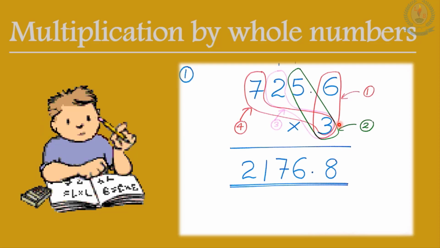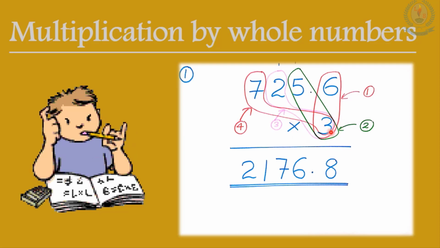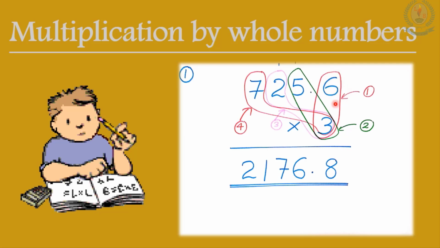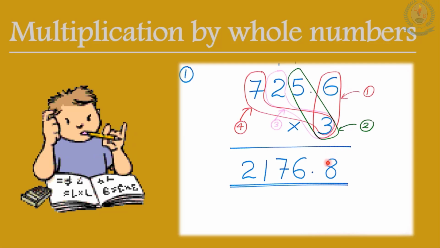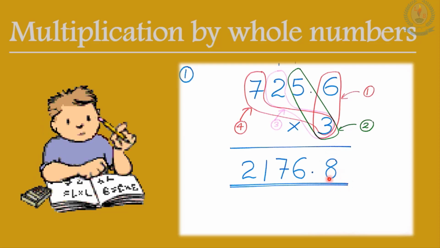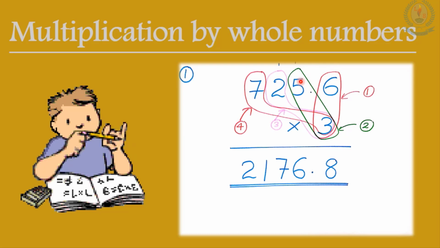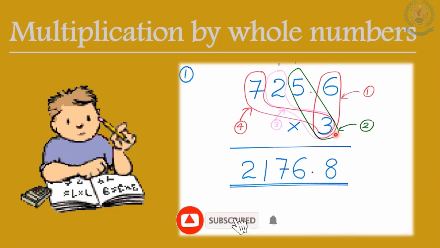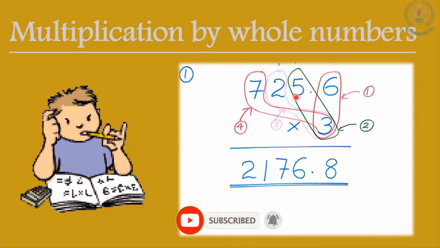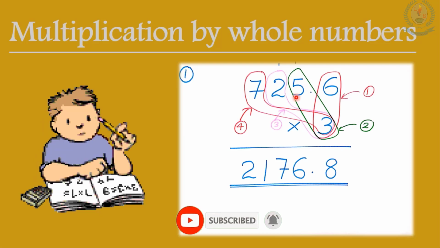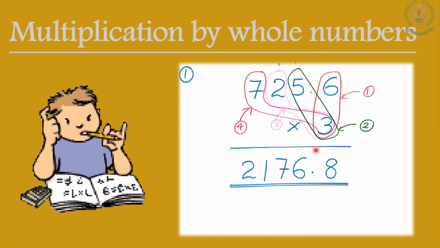Right? First of all, we have to multiply this 3 by 6. Then 3 by 6, 18. So we can't keep that 18. We have to write 8 here, and 1 should come to the previous place. So we have to multiply 3 times 5. 3 times 5 means 15. Then 15 plus that previous 1 means 16.